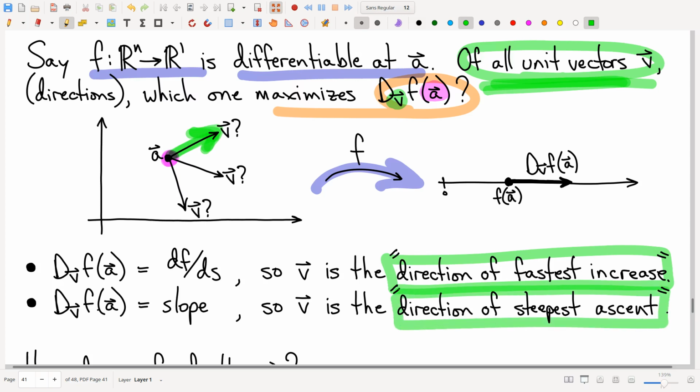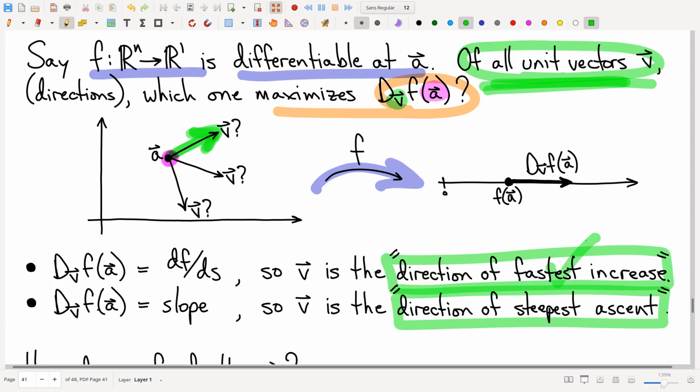I'm partial to the first one myself because it makes sense in any context. The second one only really makes sense semantically if you're looking at a graph, and again, sometimes I'm not, sometimes I don't want to, sometimes I can't. So personally, I'm a fastest increase kind of guy.